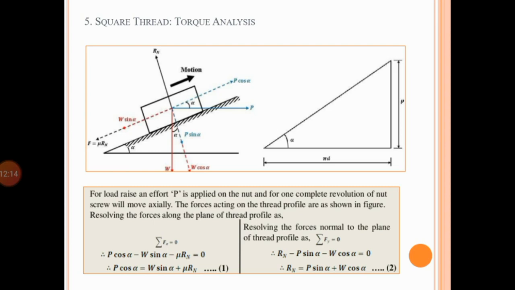So ultimately this diagram is truly a representation of any power screw, because it shows that there is a P force which is responsible for raising the load.